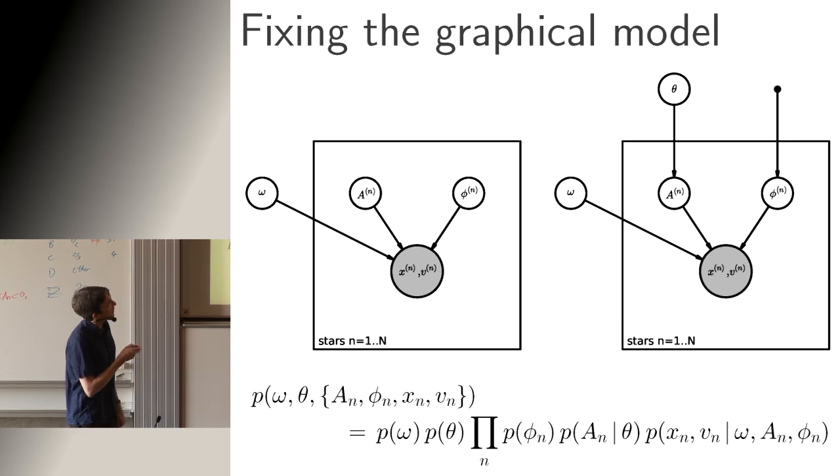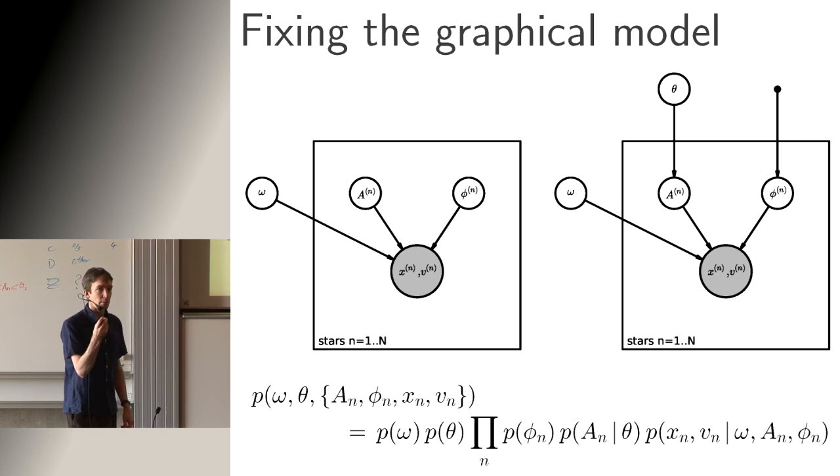And it's much safer to attach something common and shared to them that you're prepared to learn, so that you can learn amongst this population. So in the model on the right, the probability of everything does say that all the amplitudes are independent, but only given some stuff you don't know. And that stuff you don't know will couple your beliefs amongst the amplitudes, allowing you to learn between them.